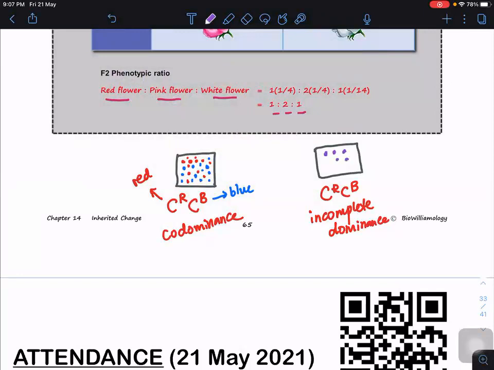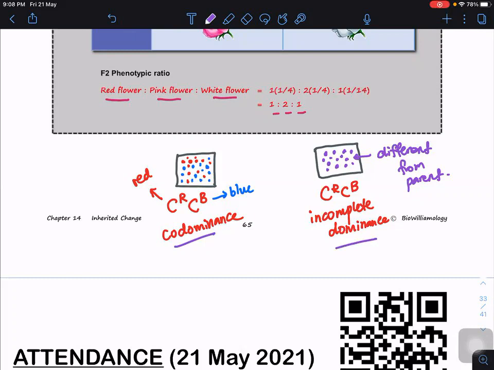It means blue contributes a bit and red contributes a bit, so the color is totally different from the parent. Are you clear? It's an intermediate. But in co-dominance, you still have the blue and you still have the red, so they resemble both parents. They take both of the parental phenotypes together. Okay, so this is the difference between co-dominance and incomplete dominance if you want to know in detail.